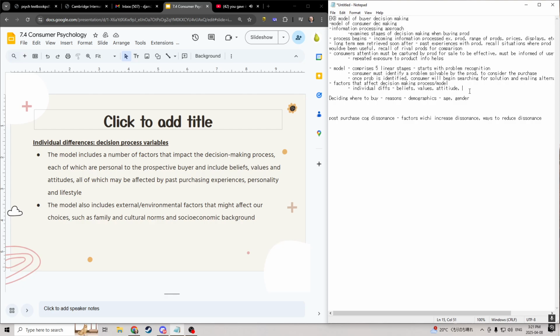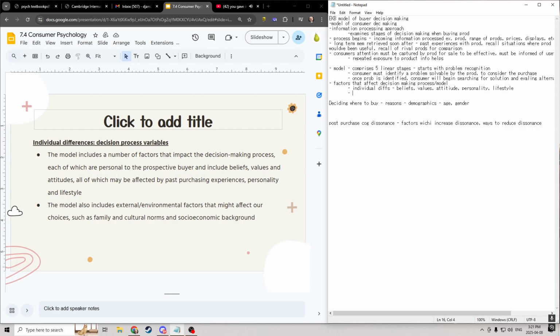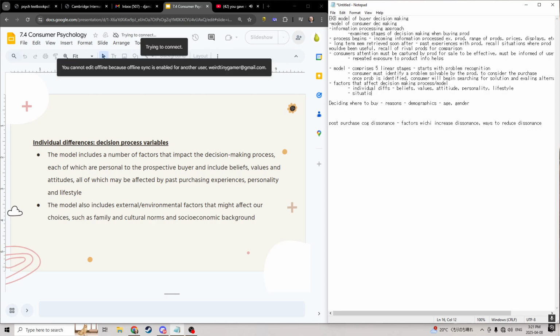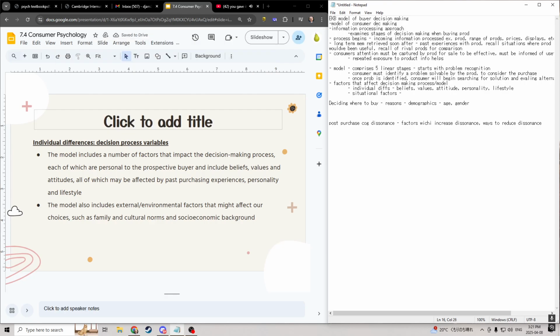Personality and lifestyle. Also includes external environmental factors. The better word actually here is situational, because situational versus individual is the idea, right?